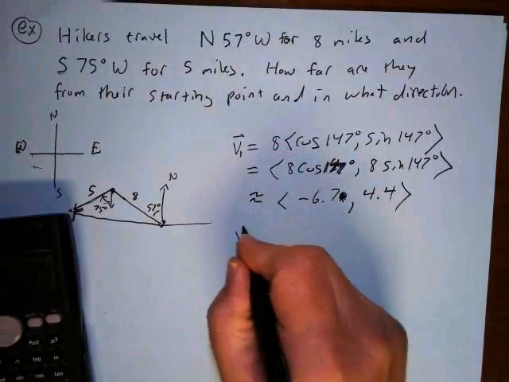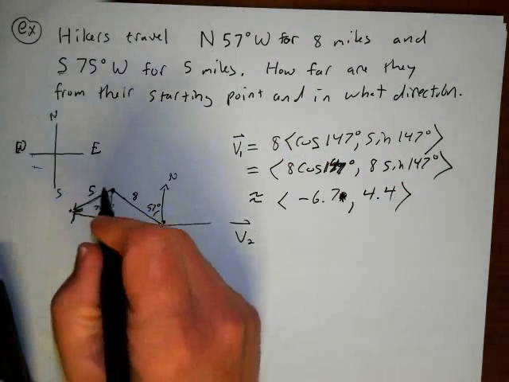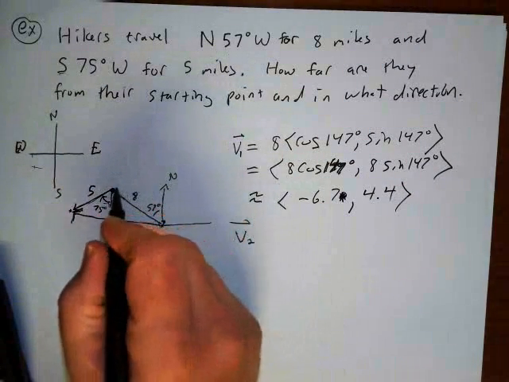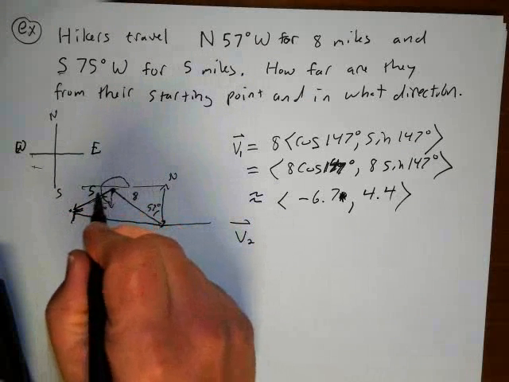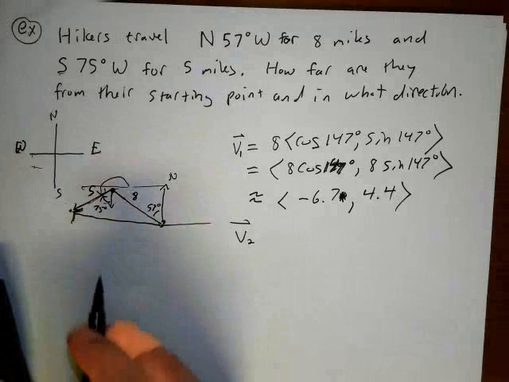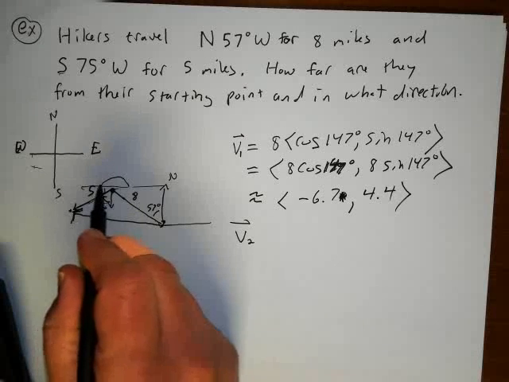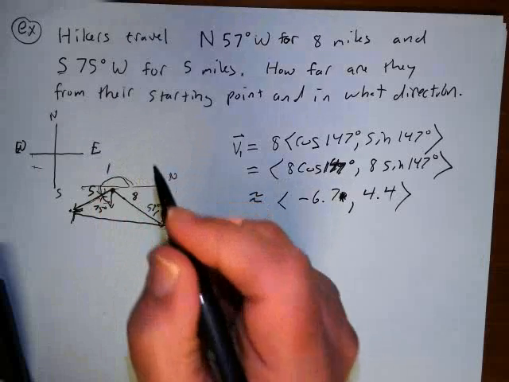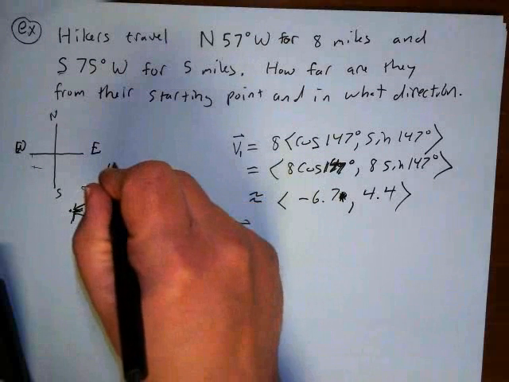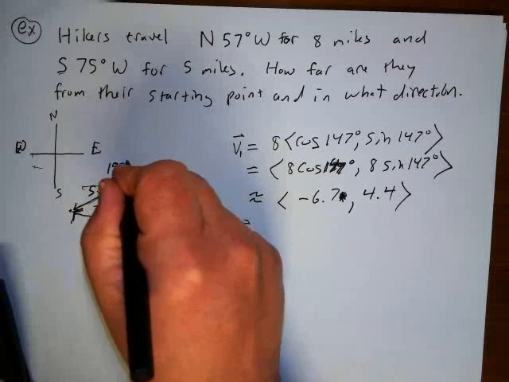Now for V2, we can get the component form for this one. That's this vector, and what we need, if you think about it, is the angle from here down to there. If this is 75, then here to here would actually be 15. So 180 plus 15 would make this 195 degrees.